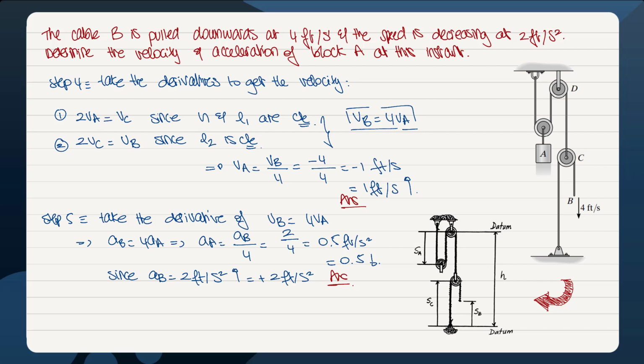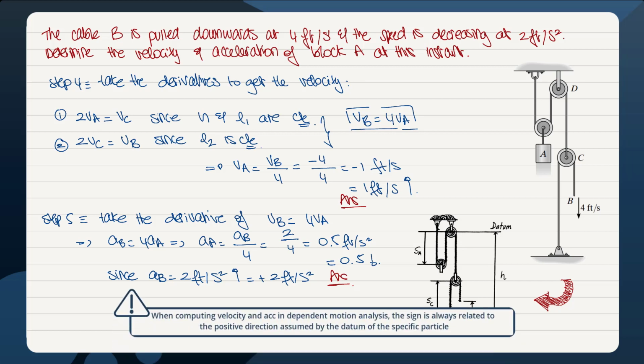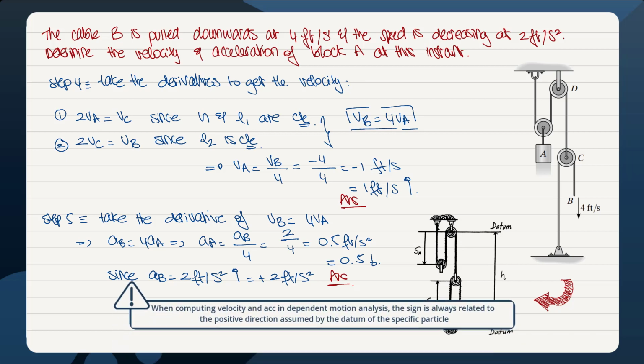So here we write AB is equal to 2, which is divided by 4, gives us 0.5 feet per second squared. And now if you want to find the direction of AA, since AA is positive, it follows the positive sign convention for the datum, which is downwards. And so AA is equal to 0.5 downwards.